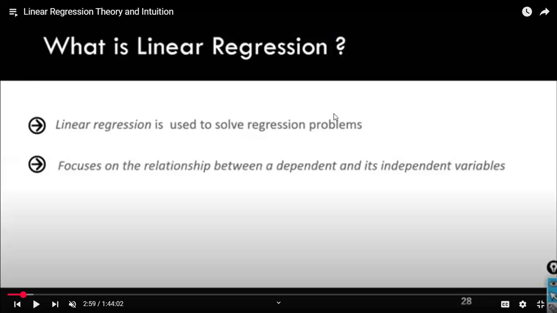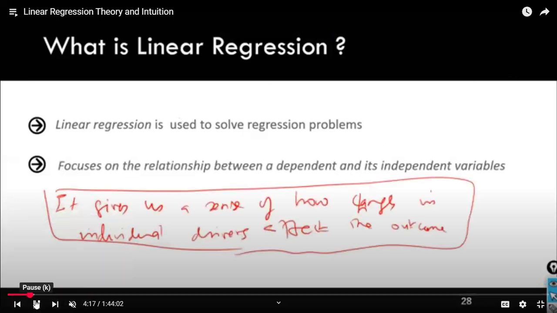It focuses on the relationship between dependent and independent variables. Basically, this algorithm gives us a sense of how changes in one individual variable affect the outcome variable.